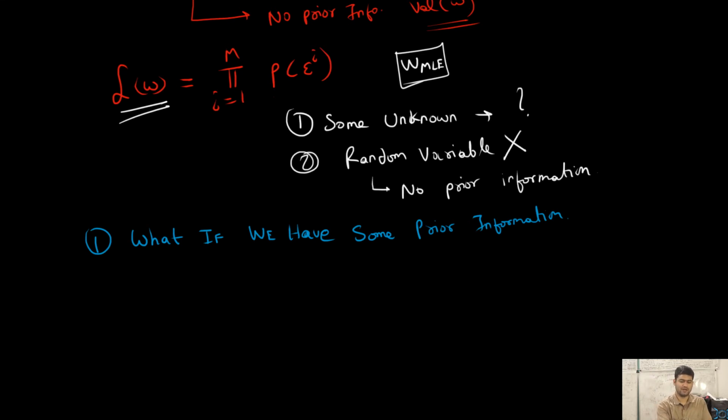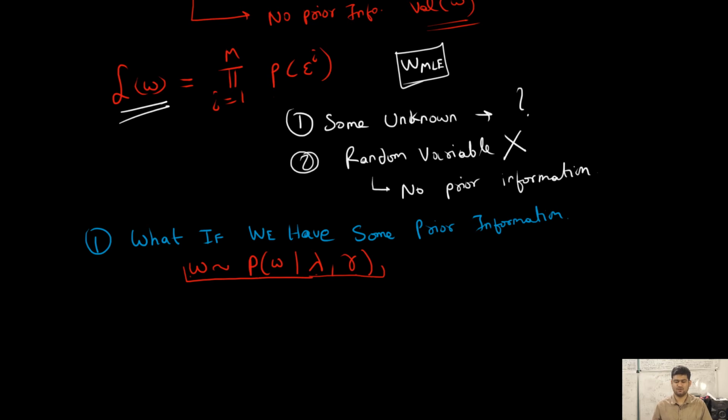So let's assume that our prior information is that W has some distribution P of W given some hyperparameters lambda and gamma, right? So what if we have some information that the W are coming from this probability distribution with some hyperparameters. The lambda and gamma are not random variables, they're just some hyperparameters. These hyperparameters actually control the span or the weight, or what the distribution should look like. So they control the distribution.